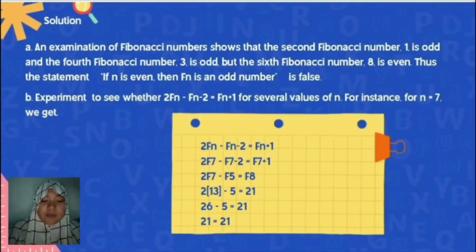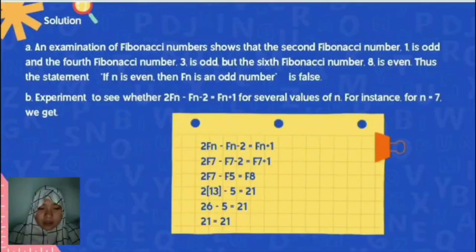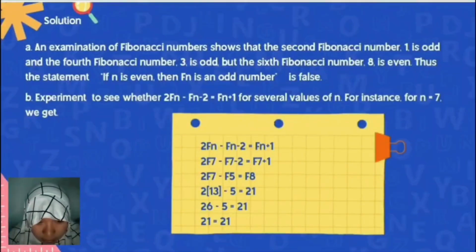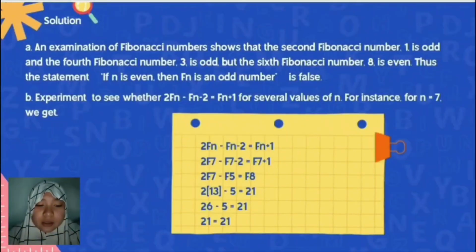So, minus F7-2 equals F7+1. So, next, ang ginawa natin, okay, bring down sa baba is 2F7 minus, ginawan natin, 7 minus 2 equals 5, equals to, naging 8, gi-plus lang natin, 7 plus 1 equals 8.